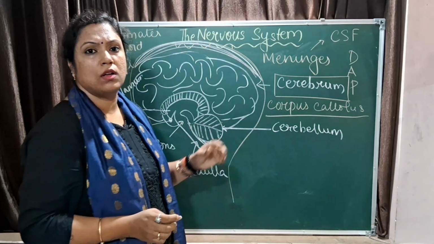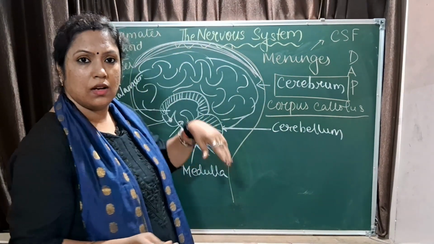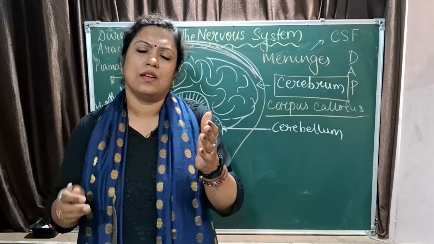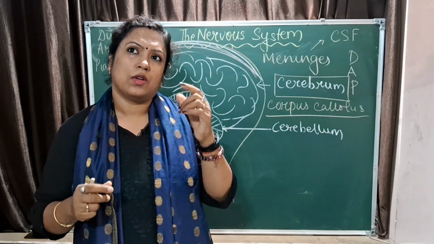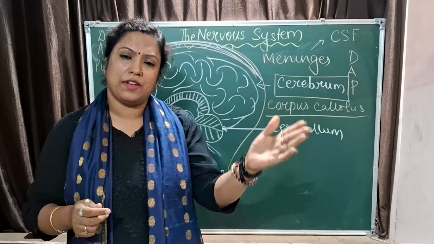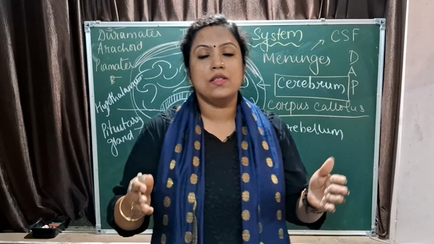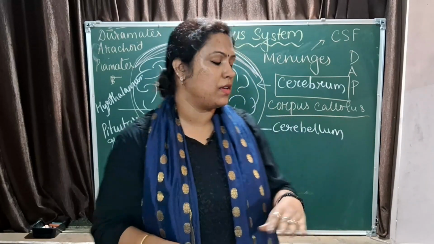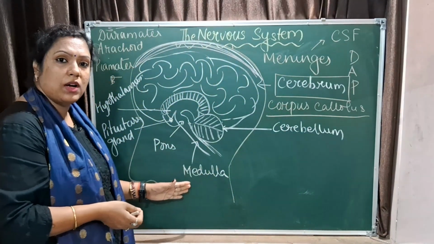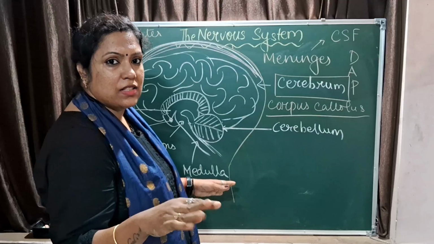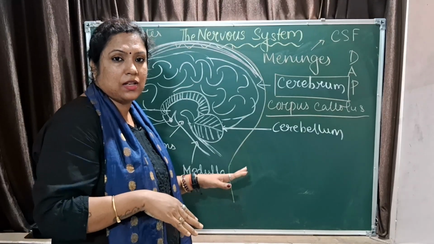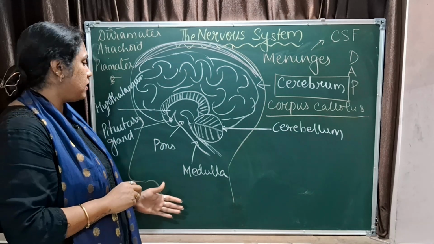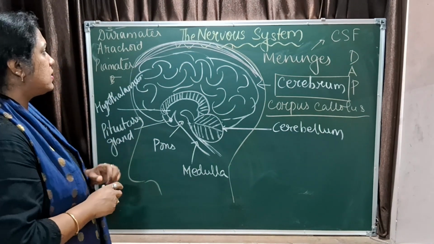The corpus callosum is a bridge, you can say a hard part, between your left hemisphere and the right hemisphere. Pons helps in regulating coordination between your right and the left. Okay. Then medulla oblongata is for all your involuntary actions, your breathing rate, your heart rate, all those things. Involuntary actions are controlled by medulla oblongata. Is this clear? Take a screenshot if you want.